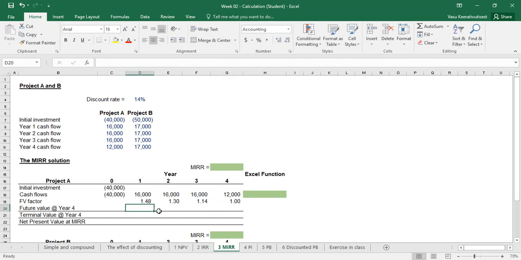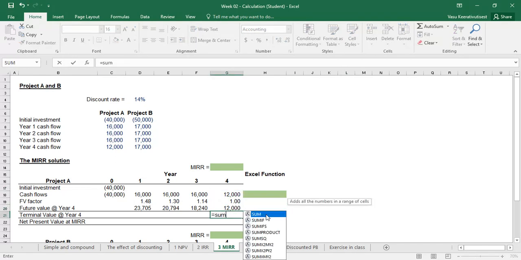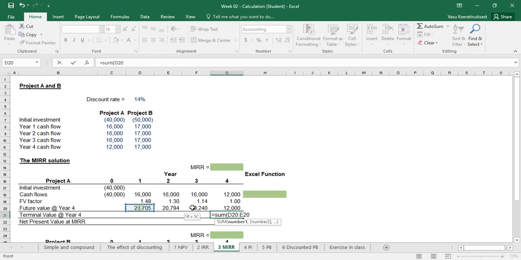So the future value by the end of year 4 of each cash flow means that you use the cash flow and multiply by the future value factor. So here they are the future value at year 4. So right now what is your terminal value? It is equal to the sum of these numbers. So right now you can see that this is the terminal value.